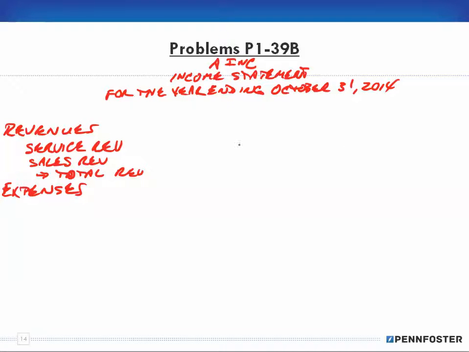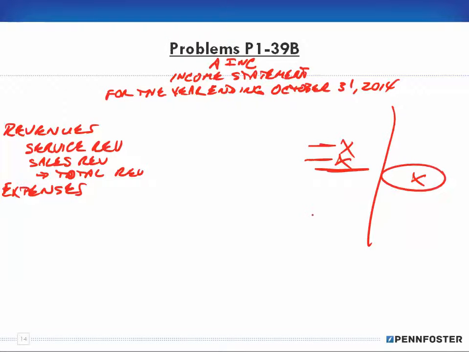So since I'm adding 2 numbers together, that's going to be a mathematical calculation, so I'd want to put those amounts here in the left-hand column and put the total amount, the summation of that calculation, in the right-hand column as my total revenue. So I have my figure here for service revenue and my figure here for sales revenue, and I'd put the total amount over here in total revenue.